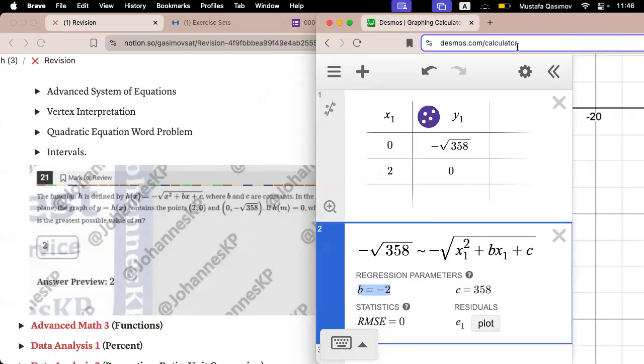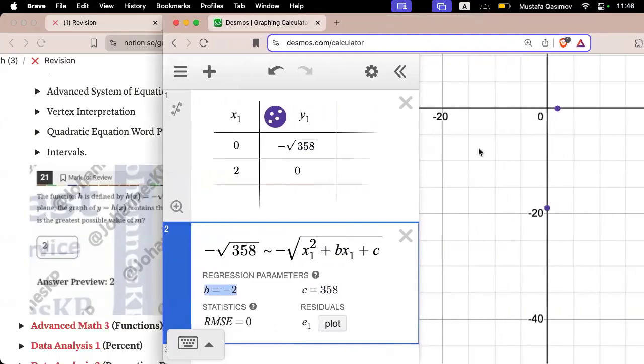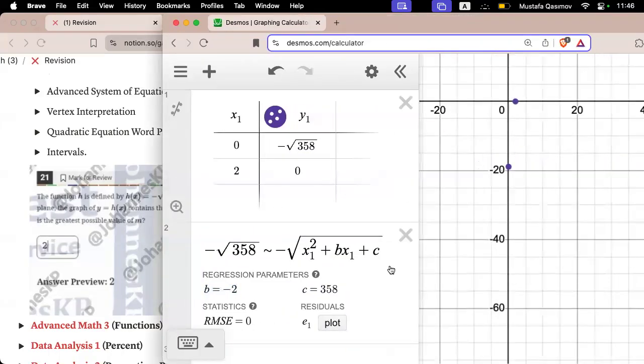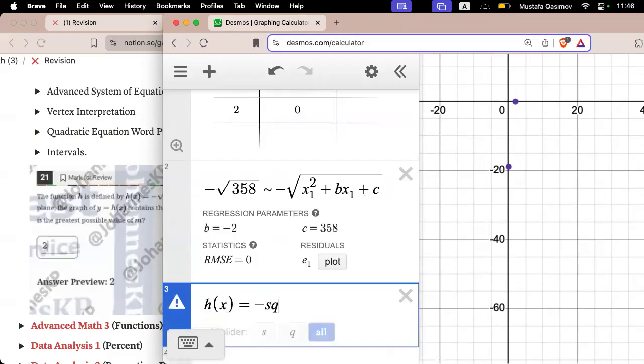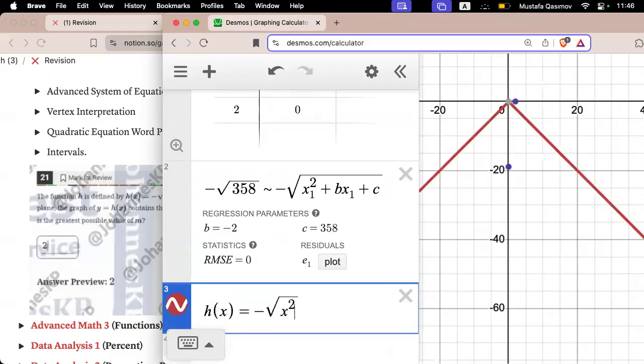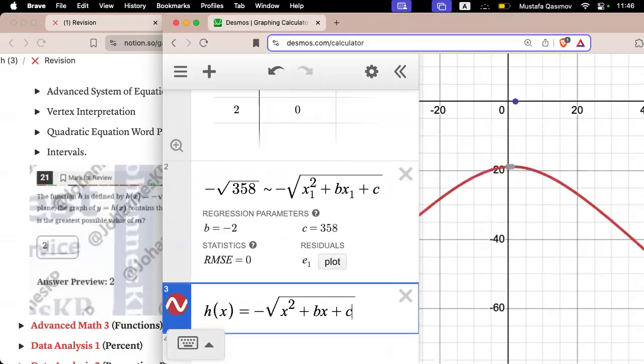Like that. Then you can look at this graph. Let's do it like that. Let's write here h of x is equal to negative square root of x squared plus bx plus c.